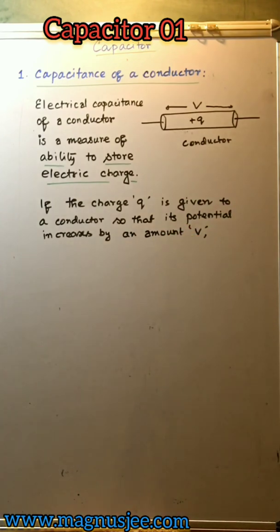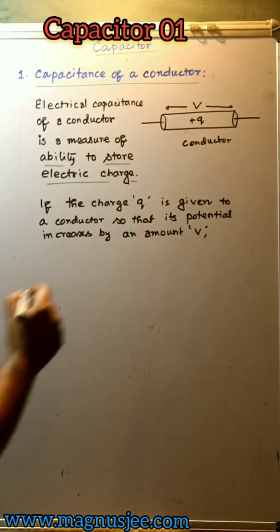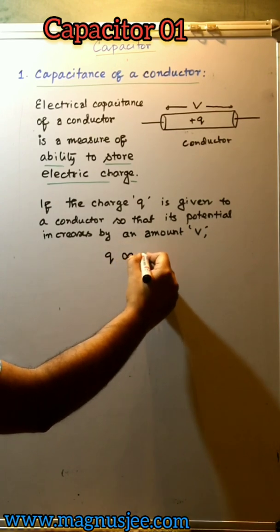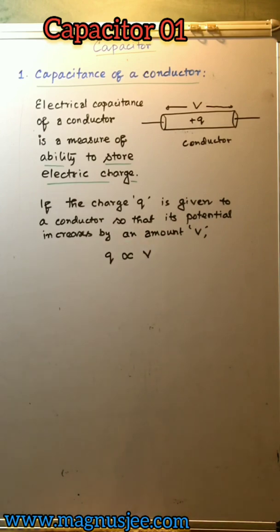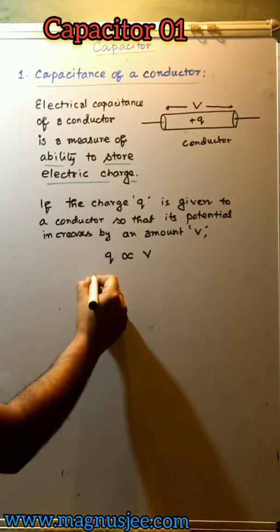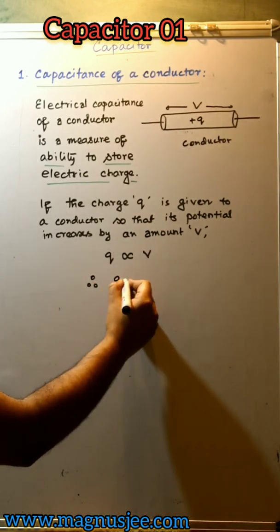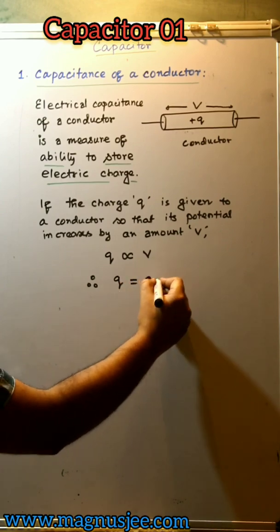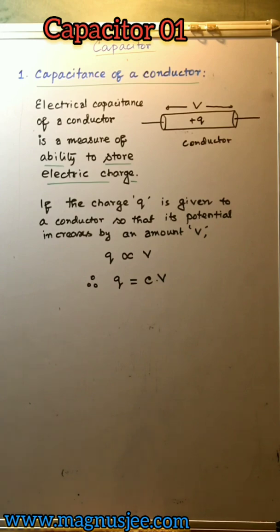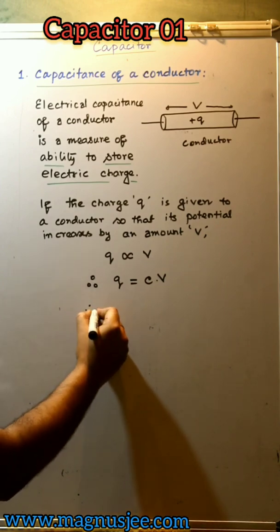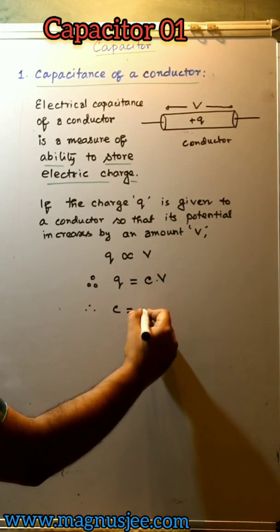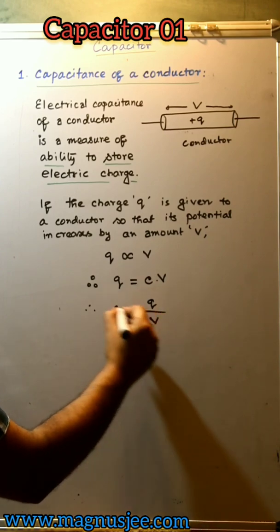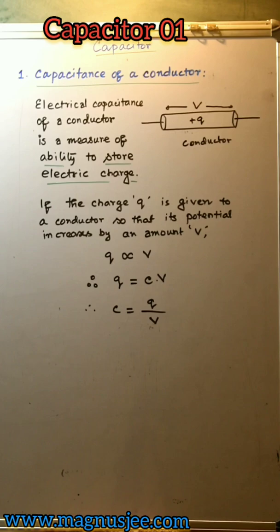In that case, the amount of charge will be directly proportional to the increase in potential difference. Therefore, Q is equal to a constant C, the constant of proportionality, times V, the potential difference. So C is equal to Q divided by V, charge divided by potential difference.